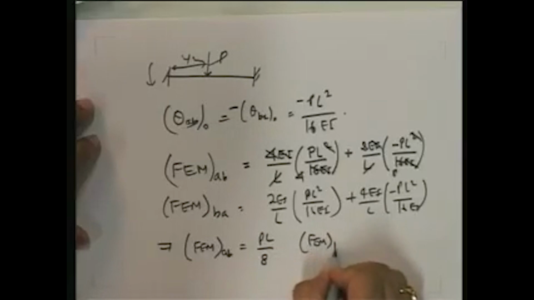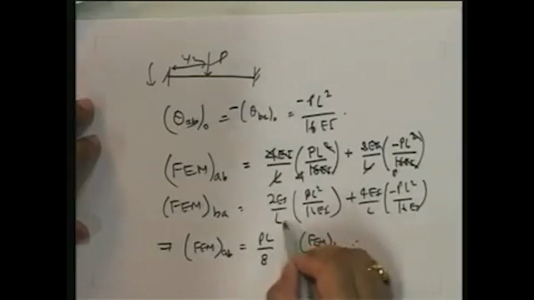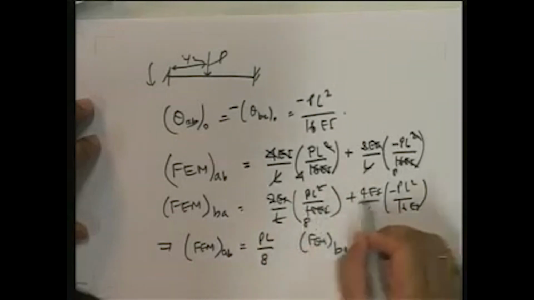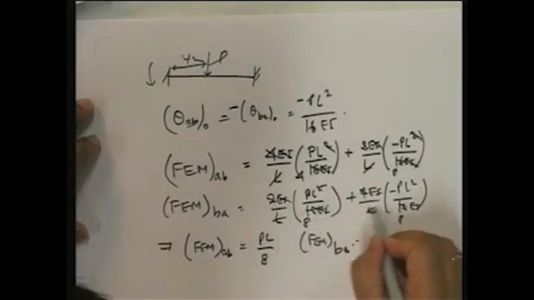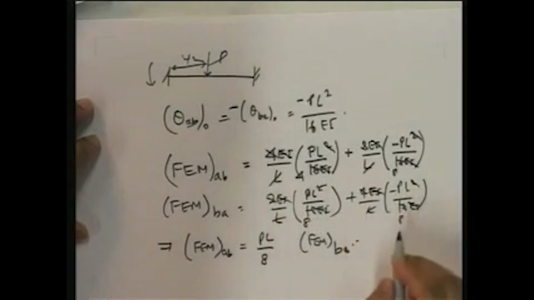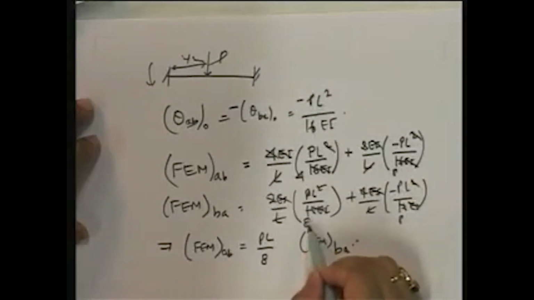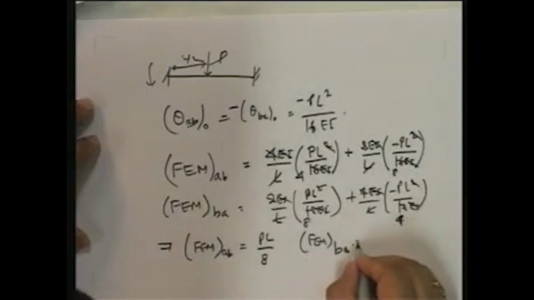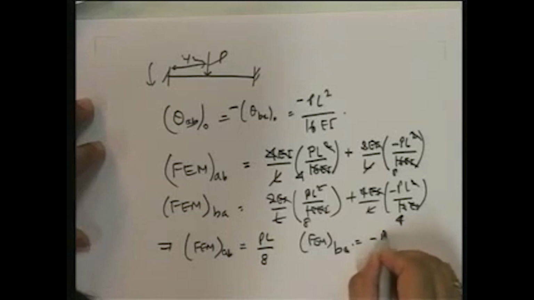And if you look at fixed end moment BA, you will see that again EI cancels, L cancels this, 2 cancels this, this cancels this, EI cancel. So you have PL upon 8 minus PL upon 4. So it becomes minus PL upon 8.